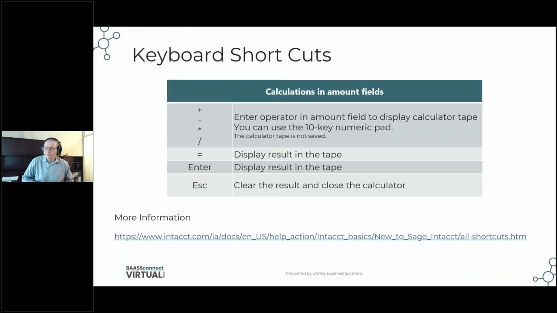All you need to do is press one of the operators, the plus, minus, the star, or the division sign, and a calculator tape will show up just above that, and you'll be able to do your calculations, hit enter, and that dollar amount will get keyed into the field. If you do need more information, you could go to the help screen while you're signed in and look up keyboard shortcuts, and you'll get a whole list of all of them.